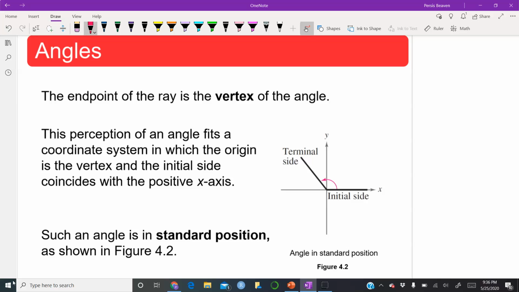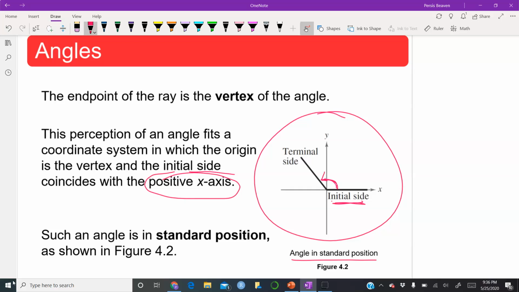To have an angle in standard position, as we see here, this is an angle in standard position. You can see there is an initial side, and that one happens to be on the positive x-axis. After that rotation, and also considering the vertex to be the origin, that is very important.